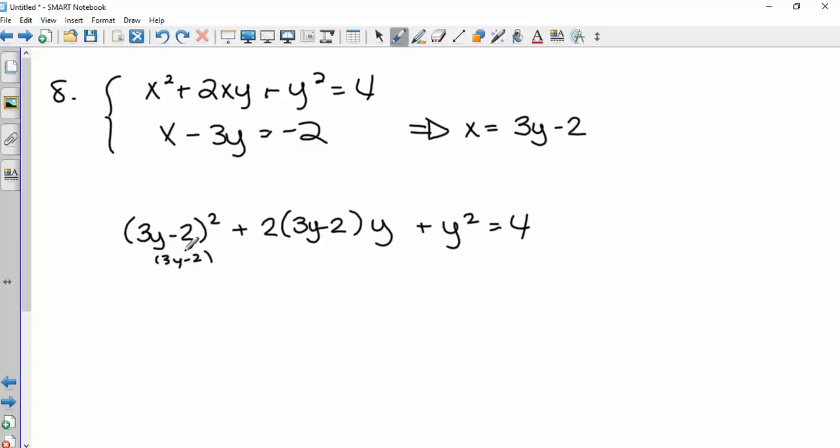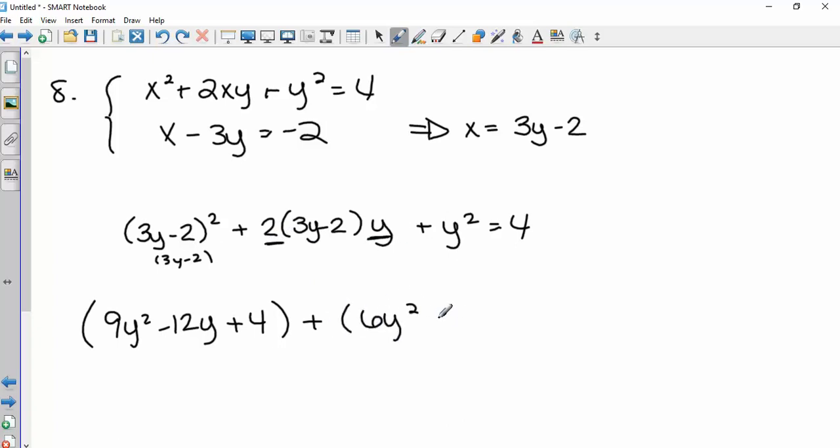FOIL. So if you write it twice in FOIL, you get 9y squared minus 6y minus 6y, so minus 12y plus 4. This one, I'm going to distribute the 2 and the y. So we get 6y squared minus 4y.